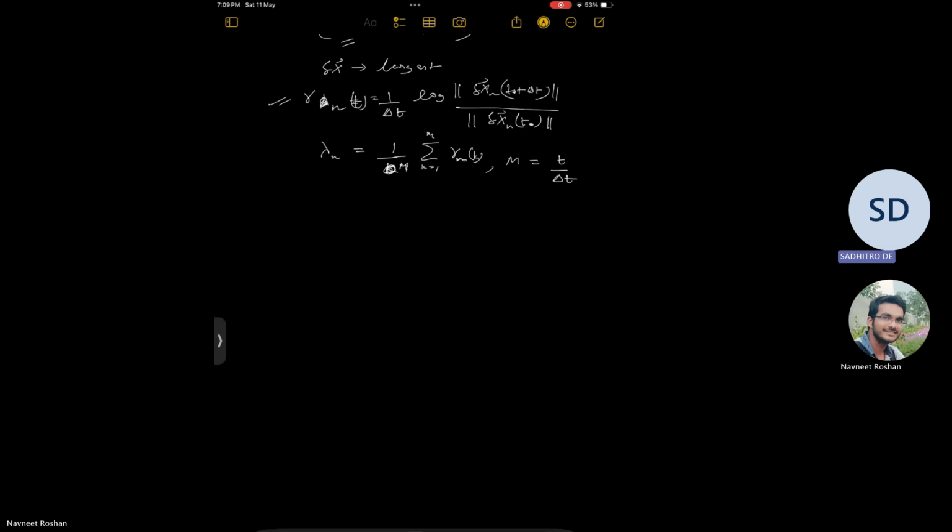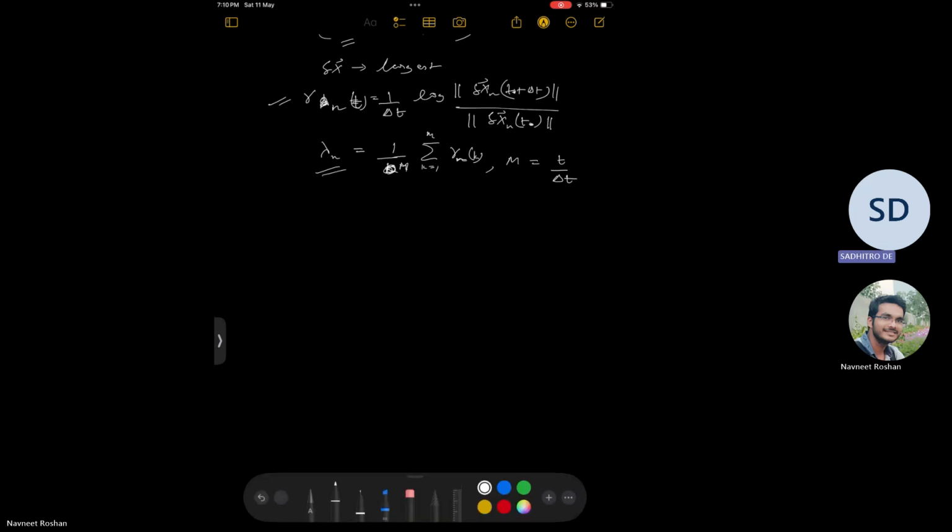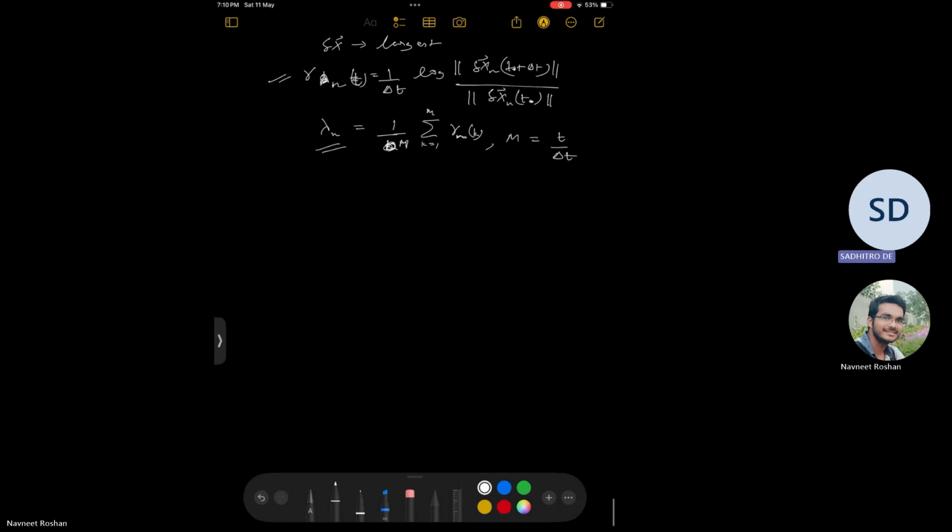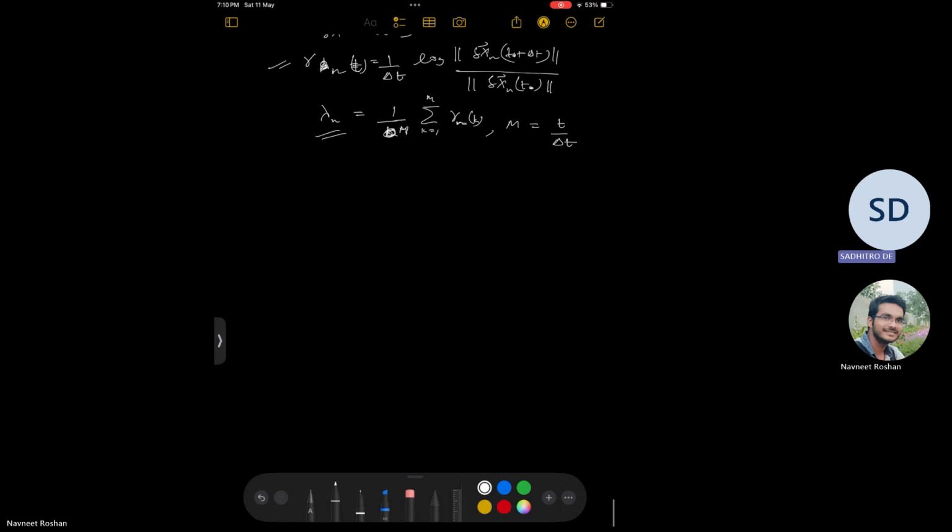So this gives me my Lyapunov exponent lambda n. Or to be more precise, lambda n is given by the limit of t going to infinity.